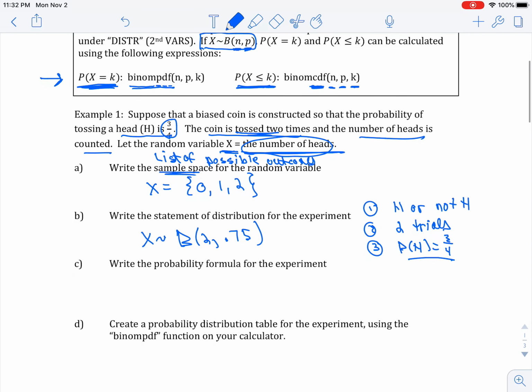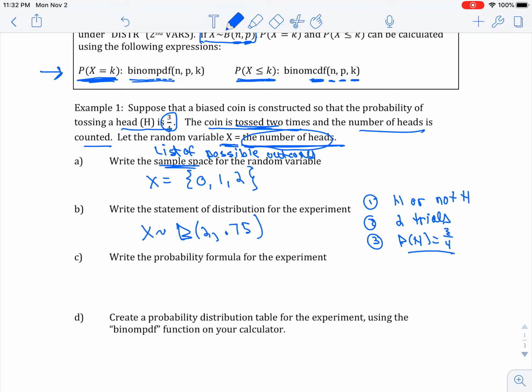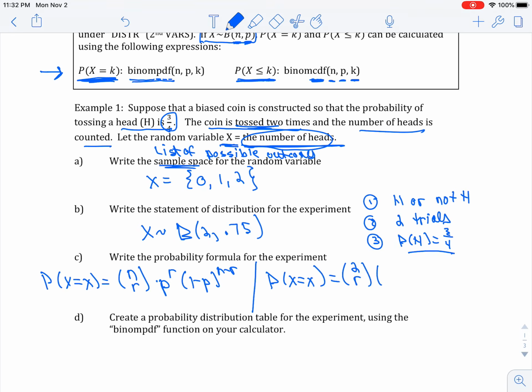And then finally we want the probability formula for this experiment. So remember in general that for a binomial distribution, the probability that x is equal to r is equal to n choose r times p to the r times 1 minus p to the n minus r. So for this particular experiment, it's going to be 2 choose r, because 2 is the number of trials, and then p is the probability of success, which is 0.75 to the r, and then 1 minus 0.75 is 0.25 to the 2 minus r.